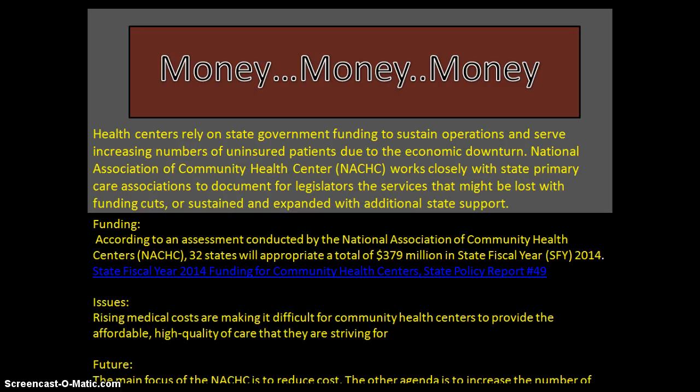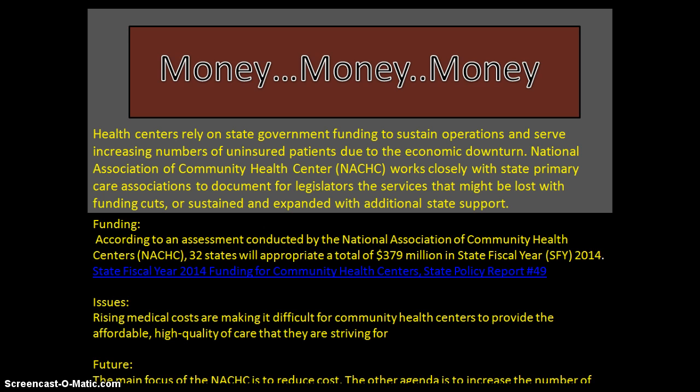So if you go to the chart underneath, just copy the hyperlink, and you will see how much each state actually spent on the healthcare system. Now, some of the issues are that the rise in medical costs is making it difficult for community centers to provide the affordable, high-quality care that they strive for. And of course, after that, we talk about the future.